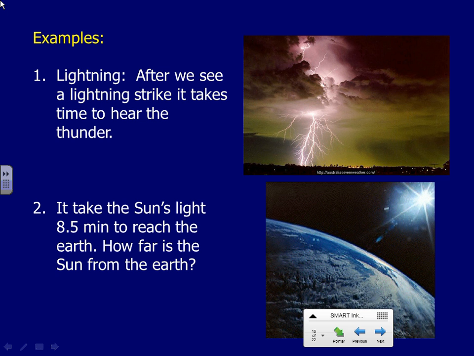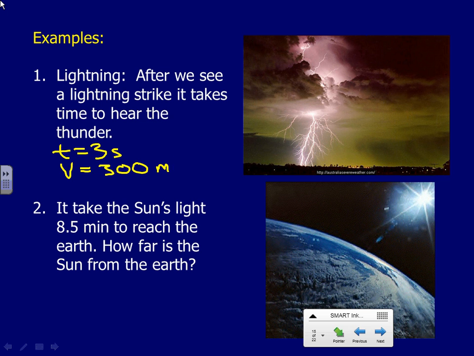Let's do a quick little calculation to see how correct that is. Let's say that you see the lightning and the time it takes is 3 seconds, and this is the sound getting to us. So the speed of sound, what was the speed of sound? About 300 meters per second, right?